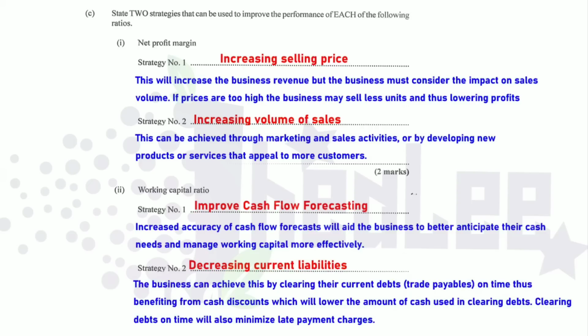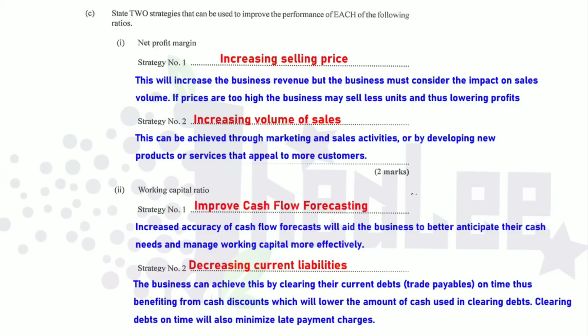And what this would do is to lower the amount of cash used in clearing the debts, because you're getting a discount, so you're benefiting from that discount. Clearing debts on time will also minimize late payment charges. It could be a case where there are late payment charges, and if the business does not pay in time, then there will be additional costs that are incurred.